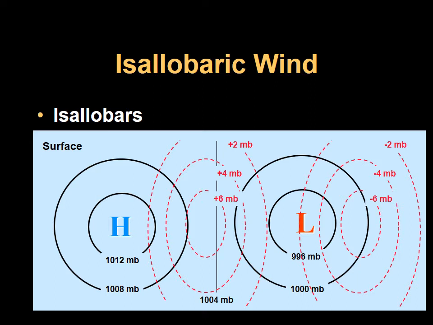Now these isallobars are not because the weather system is moving, it's just that in these areas the weather system is either intensifying or it's filling. So you can see to the east of this low pressure system, it's intensifying. You notice that the pressure is dropping. And to the east of the high, the weather system also is intensifying in that the high is getting stronger.